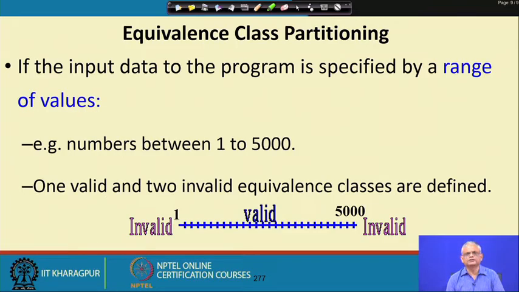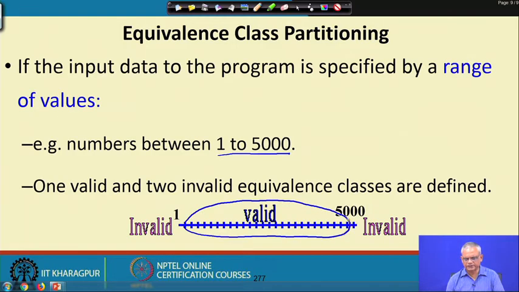The simplest example: only one input data, that is an integer number between 1 to 50,000. This is the range of values, and therefore we have one valid equivalence class, that is within 1 and 50,000, and there are two invalid equivalence classes. One is greater than 50,000 and the other is less than 1.